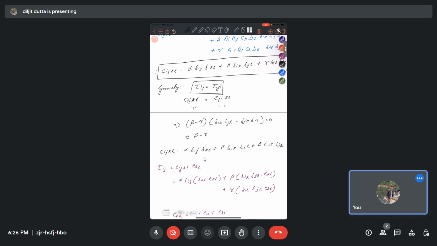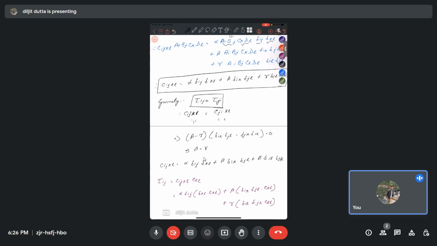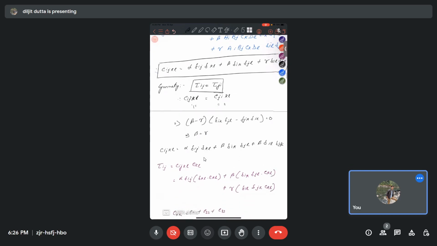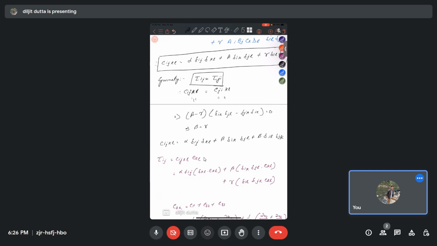Now only two terms will remain: beta into delta ik into delta jl, and minus gamma into delta il into delta jk. Now this term cannot be 0 by itself, so this is the arbitrary part. For this to be 0 always, beta is equal to gamma. This is what we got.